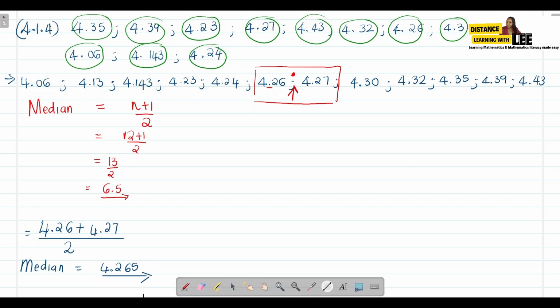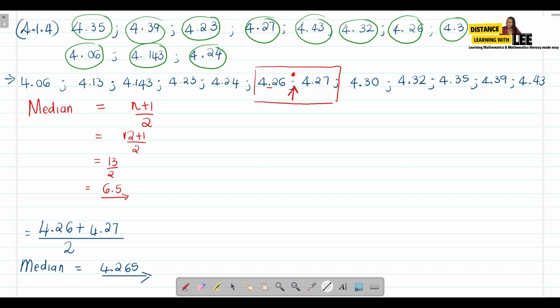All right, so that is how you basically get your median, right? Let's say when you use this formula n plus 1 divided by 2, you got a value like 7, right? That would mean that the median is the number in the 7th position. So you'd count 1, 2, 3, 4, 5, 6, 7.